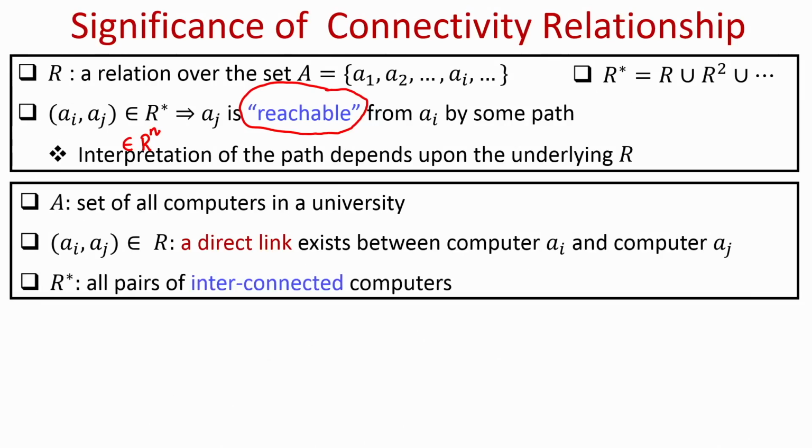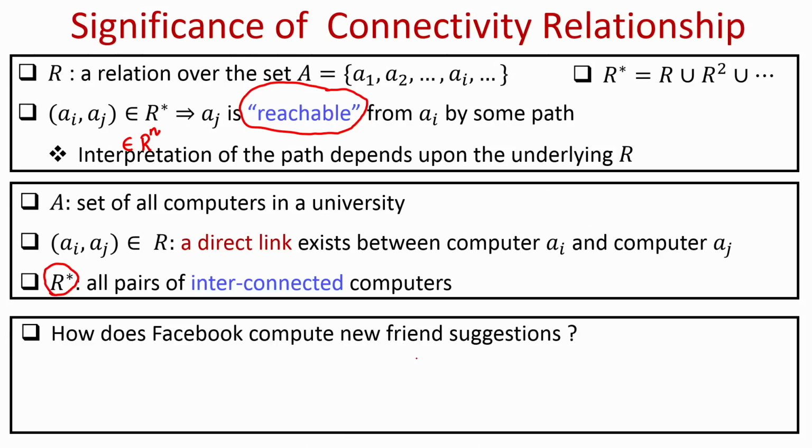Then, if I construct the connectivity relation R star for this relation R, it is easy to see that R star will have all ordered pairs of the form (A_i, A_j), where A_i is connected to A_j, maybe directly or through intermediate computers. That means R star basically talks about all interconnected computers in your university.